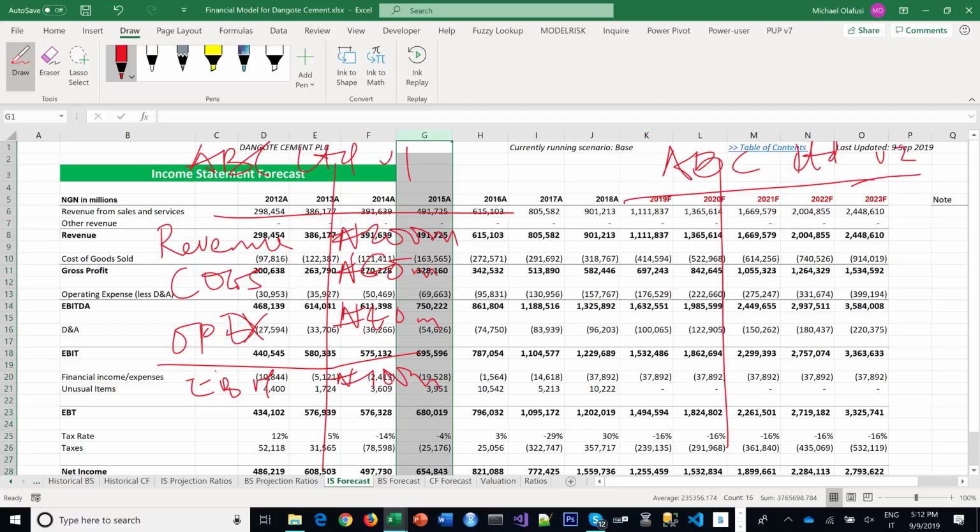Now the same thing too for company B, version 2. The same situation. COGS 60 million naira. Operating expense inclusive of D&A 40 million naira. Now we have the EBIT 100 million naira.